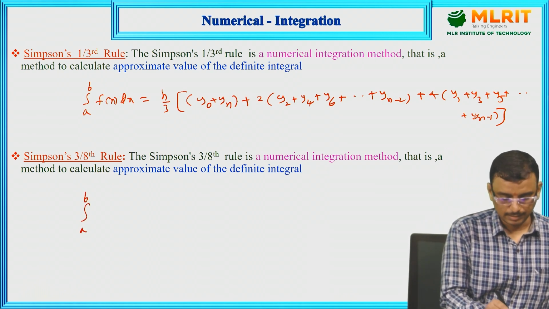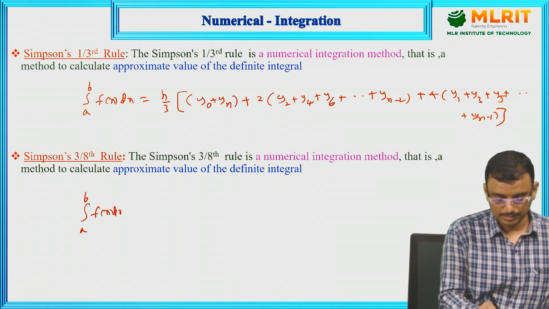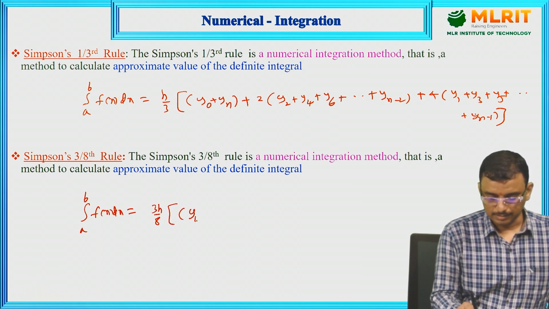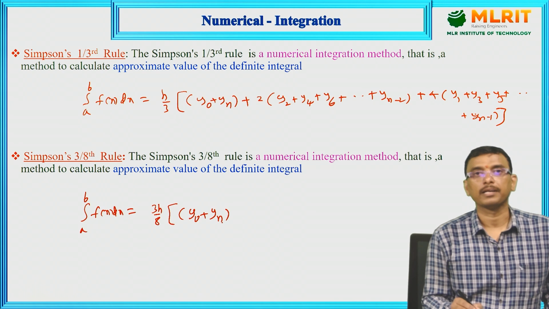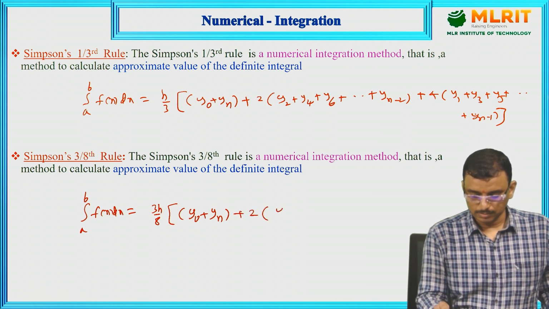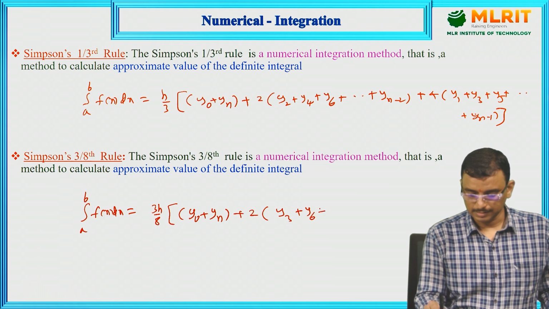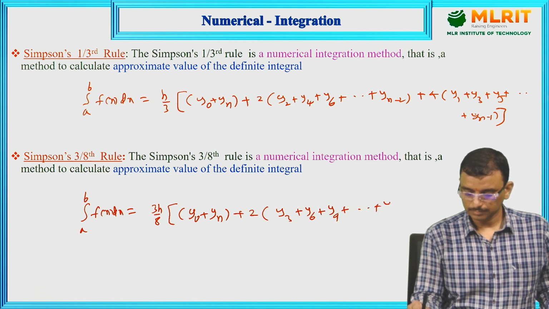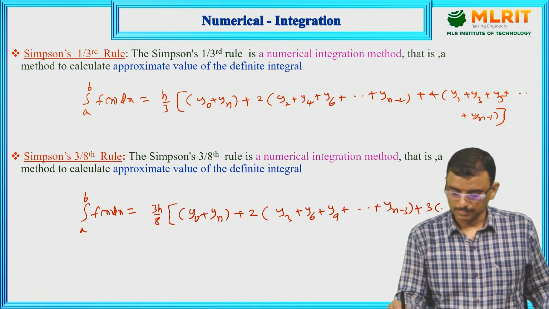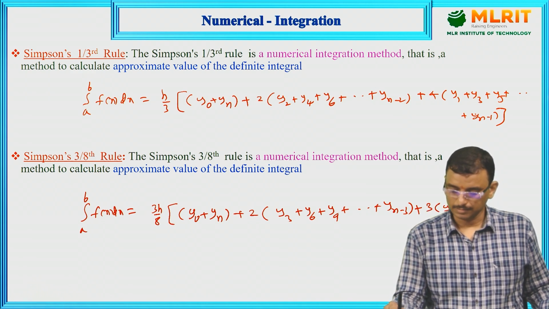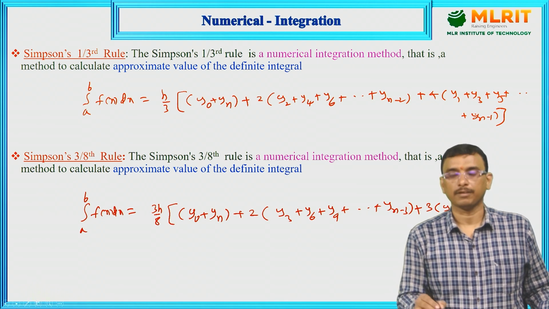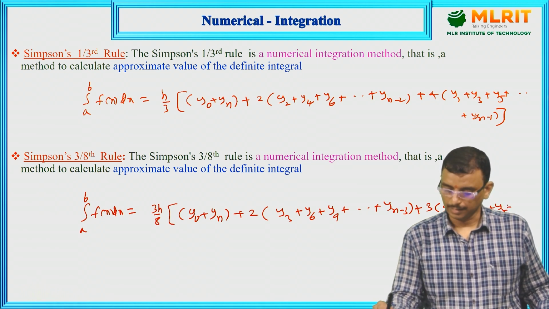That is, integral a to b f of x dx is equal to 3h by 8 into the sum of the first and last ordinates y0 plus yn, plus 2 into the multiples of 3, y3 plus y6, y9 and so on up to yn minus 3, plus 3 times the remaining ordinates, that is y1 plus y2 and then y4, y5 and so on, because we have already written y3 here.